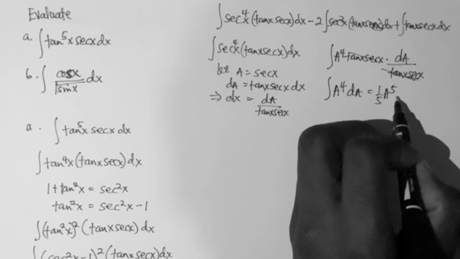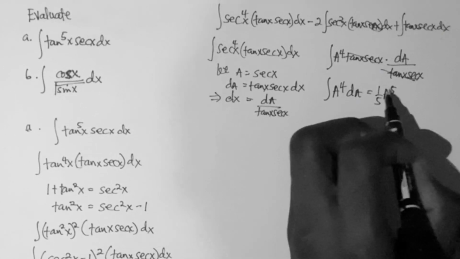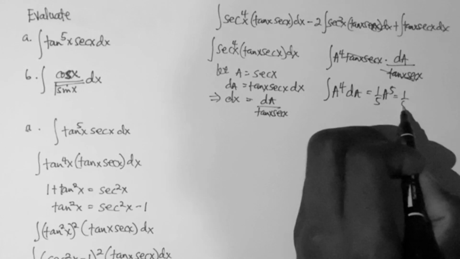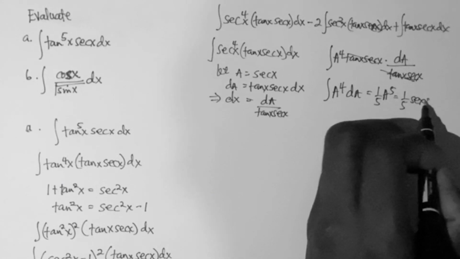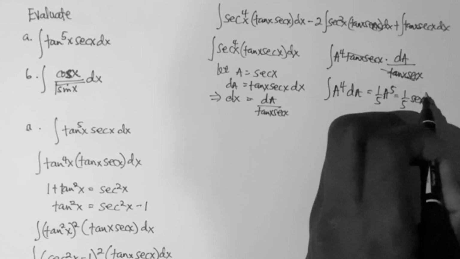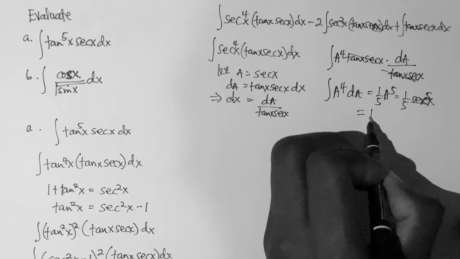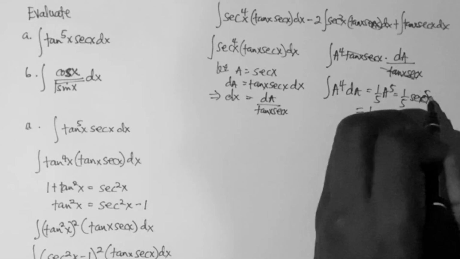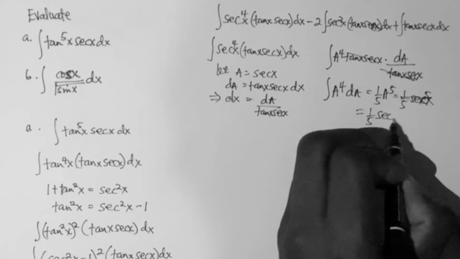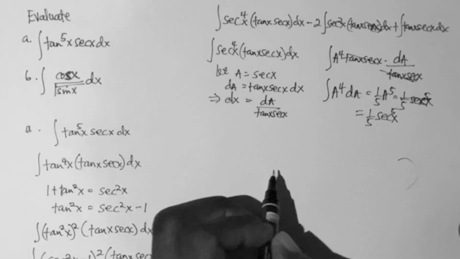But we know that a is sec x, so this is equal to 1 over 5 sec x exponent 5.